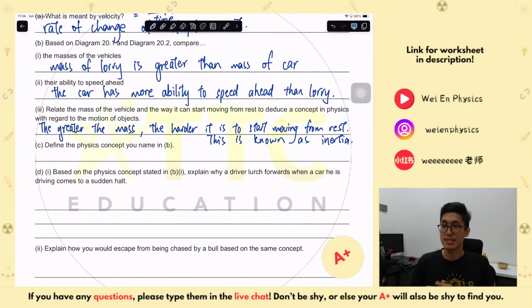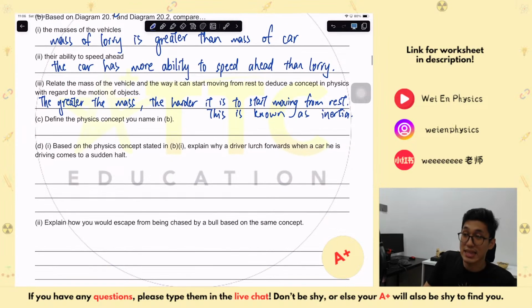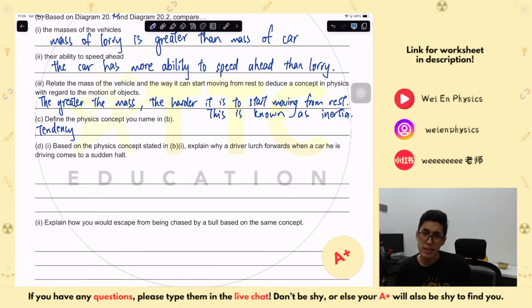Inertia is the object wanting to stay doing what he's doing. Okay? The object, right? If it's not moving, it just wants to stay not moving. If it is moving, it just wants to stay moving. That's the meaning of inertia. So we call that a tendency.